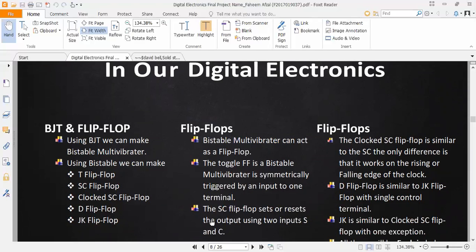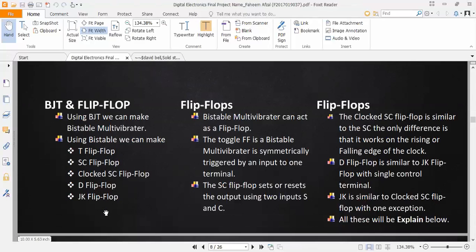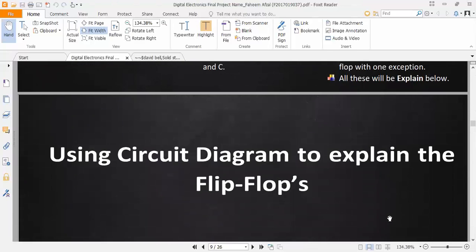The SC flip-flop sets or resets the output using two inputs, S and C. For the clocked SC flip-flop, the only difference between SC and clocked SC is the clock, which works on the clock's falling or high edges. The D flip-flop is similar to the JK flip-flop with a single control terminal. The JK flip-flop is similar to the clocked SC flip-flop with one exception, and I will explain it while discussing it in detail with the figures.